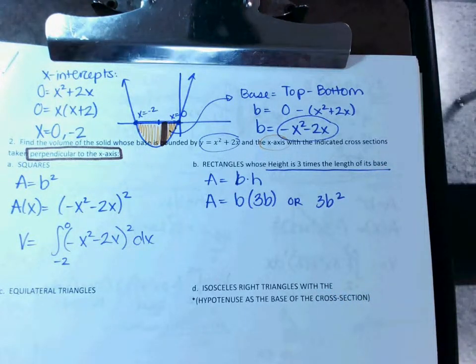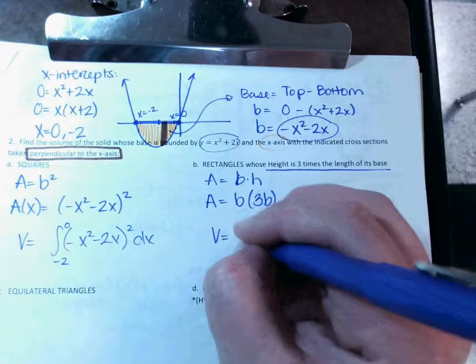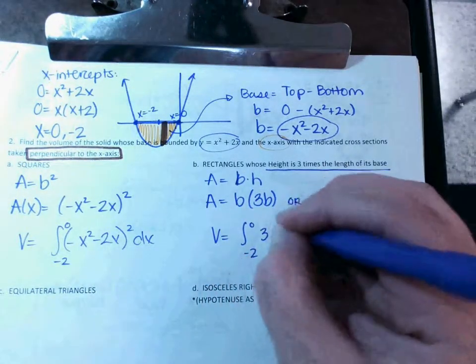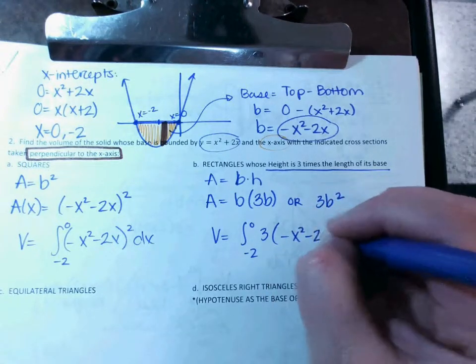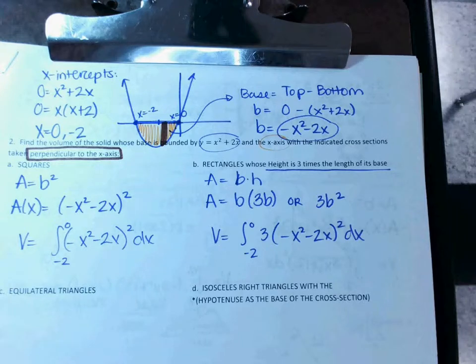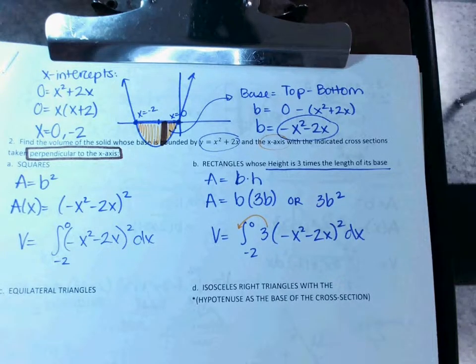And then from there, I'm going to write my volume. Negative 2 to 0, 3, and then b squared dx. Now remember, it is also an option that you can take that 3 and just put it in the front. Totally fine if you want to do that, totally fine if you do not want to do that, doesn't matter.